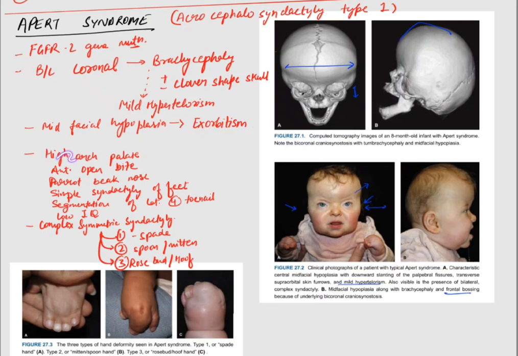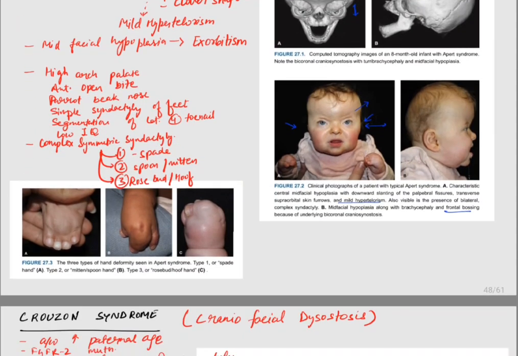There will be an associated high arch palate, anterior open bite, parrot beak nose, simple syndactyly of the feet, segmentation of the lateral four toenails, and there will be low IQ. The complex symmetric syndactyly can be of three types.